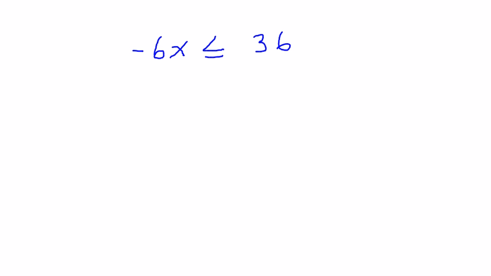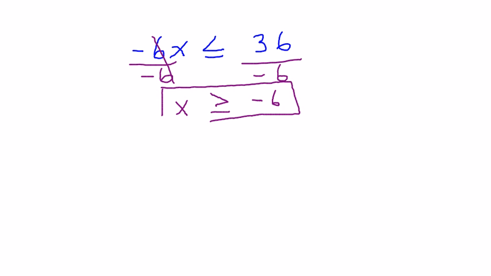My goal is to isolate x, so I will divide by negative 6 on each side. But because I am dividing by a negative number, I must flip my inequality sign from less than or equal to, to greater than or equal to. Right, x is greater than or equal to 36 divided by negative 6, which is negative 6. So x is greater than or equal to negative 6.